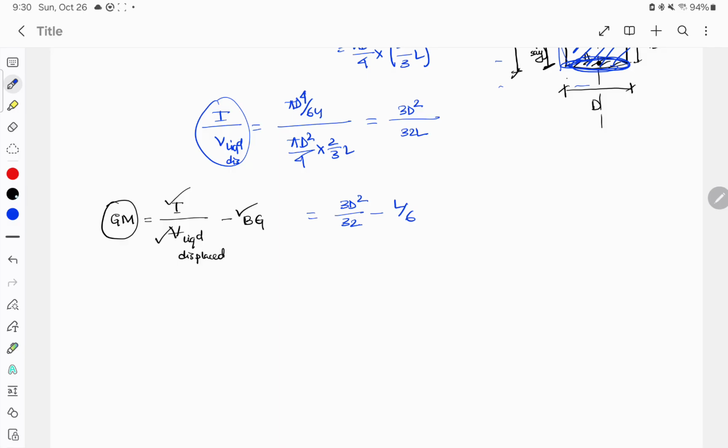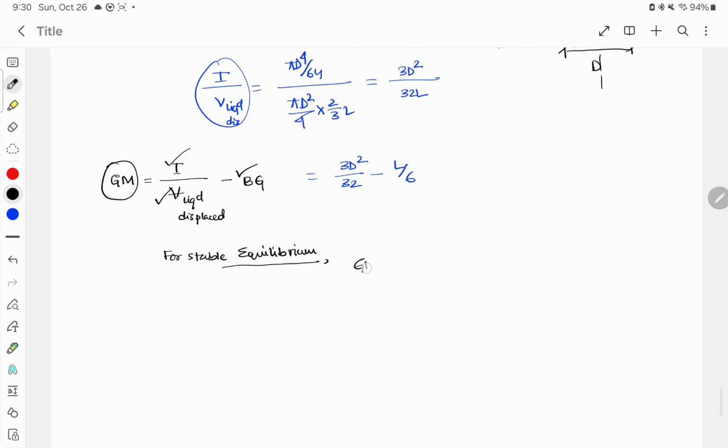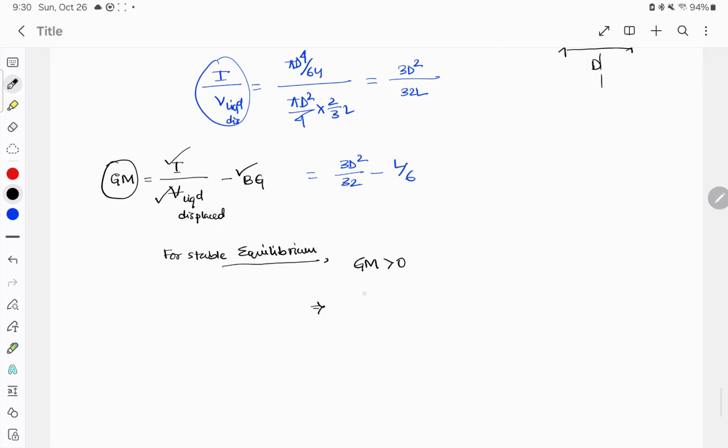Now for stable equilibrium, they have said in the question that this particular cylinder is floating, which means it is in stable equilibrium, nothing is happening to it. So GM should be greater than 0, which means 3d square by 32L should be greater than L by 6.